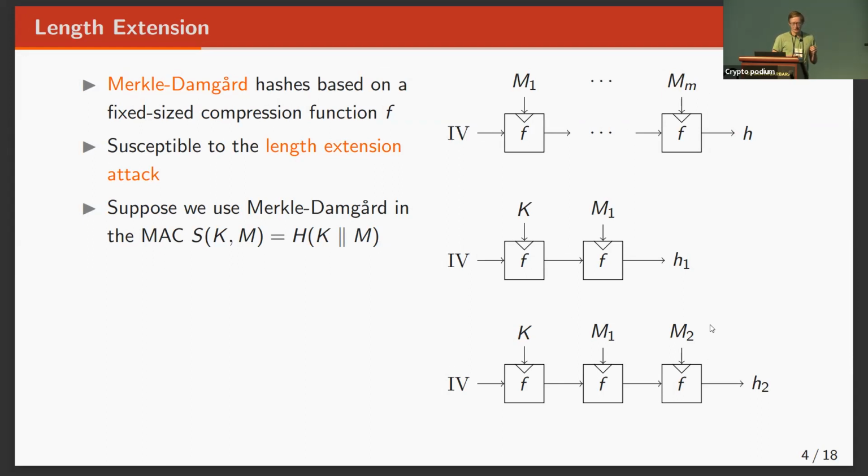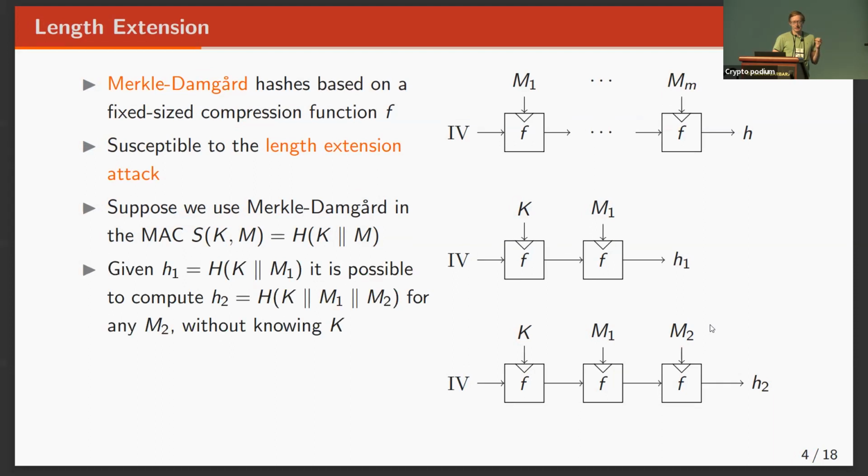And if we look at the MAC security, suppose that M1 is sent with a tag. So suppose we know M1 and the tag H1, and then given M2, can we compute this new tag H2 without needing to know the secret key K?